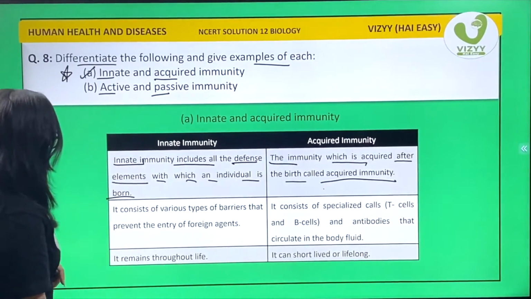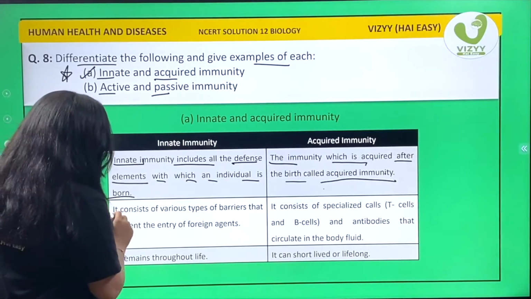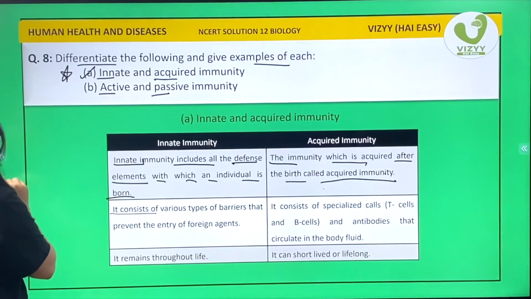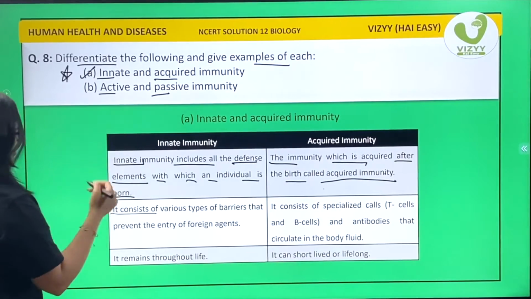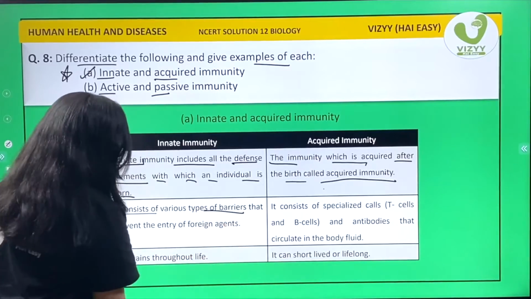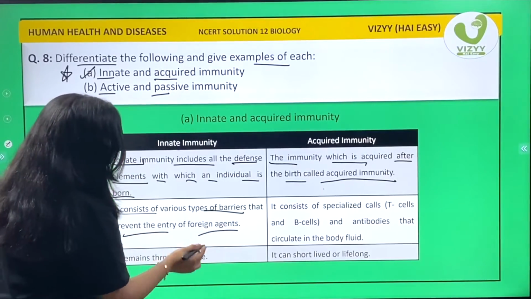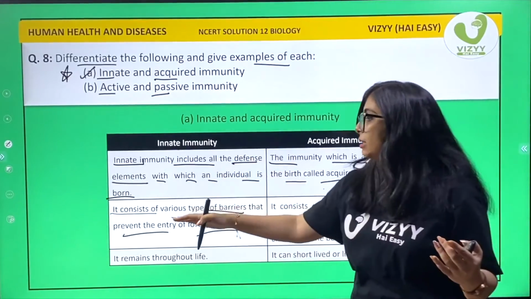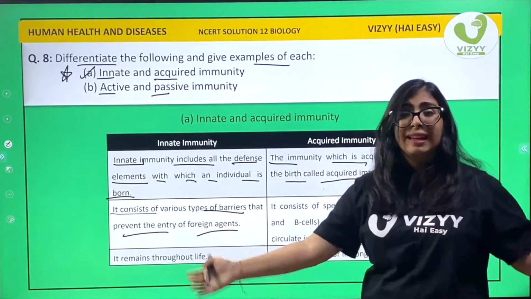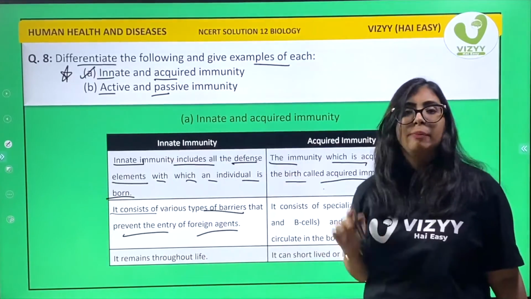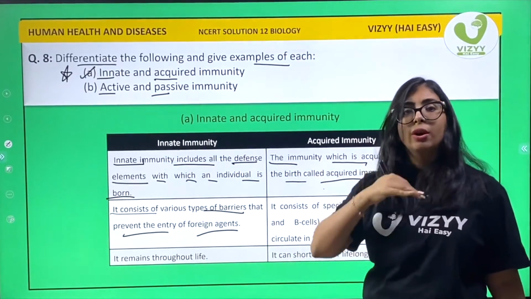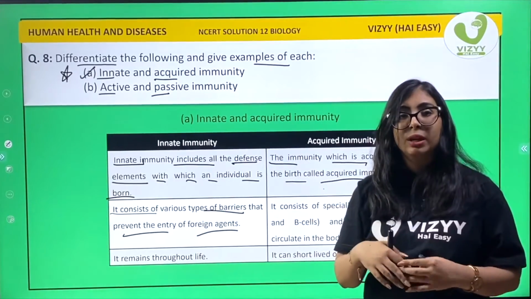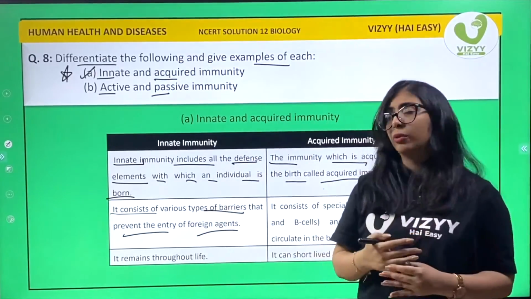Now, innate immunity consists of various types of barriers that prevent the entry of foreign antigen. Like, for example, your skin is a barrier. It will not allow other organisms to directly enter into your bloodstream. So that is innate immunity.